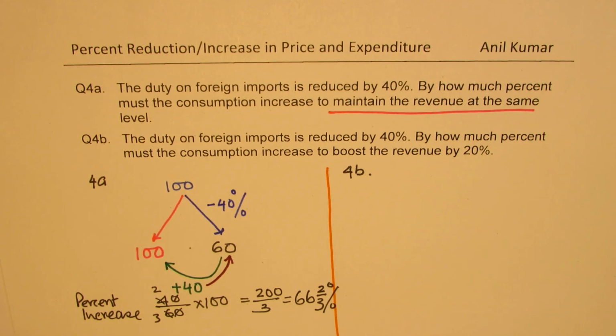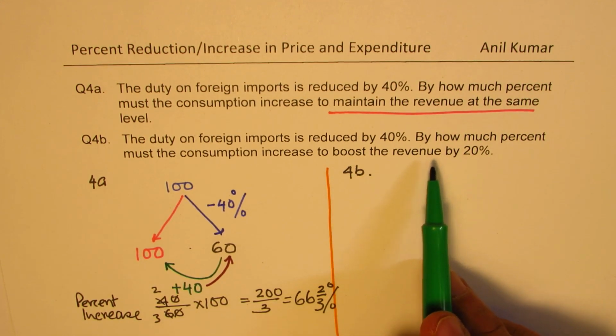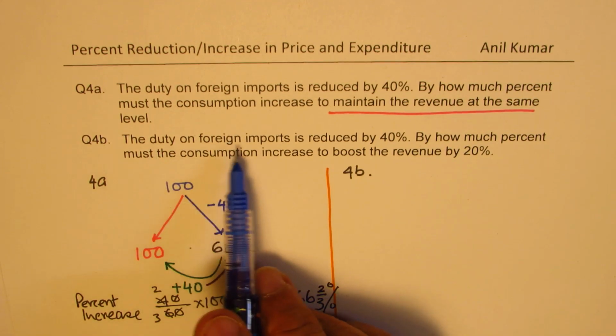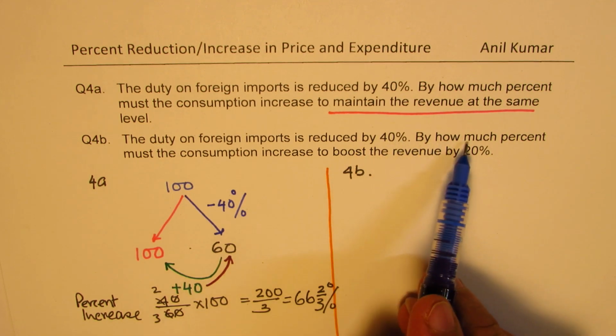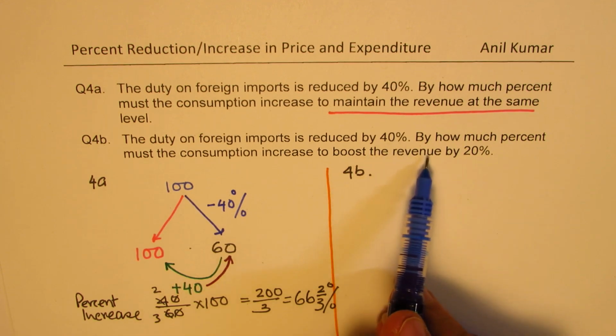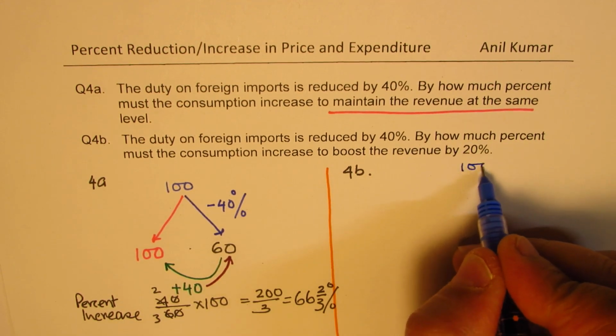Now there is a twist to this question. The whole idea of business is to boost the revenue, right? So the question now says that the duty on foreign imports is reduced by 40%. By how much percent must the consumption increase to boost revenue by 20%? So now the scenario is slightly different.